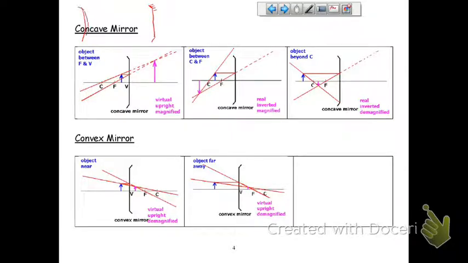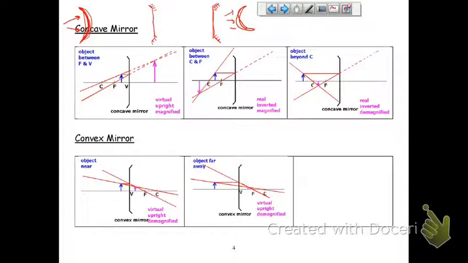So rather than a concave mirror where you look into it like that, a shaving mirror, a makeup mirror, that kind of thing, I'll show it as a flat surface with a little bit of curvature at the edges. And a convex mirror, which is like the shoplifting mirror you see in stores, the rear view mirror and all that kind of stuff, it's really like that, and you look in that direction, but I'm going to show it as a straight line with these little ears on. Okay.